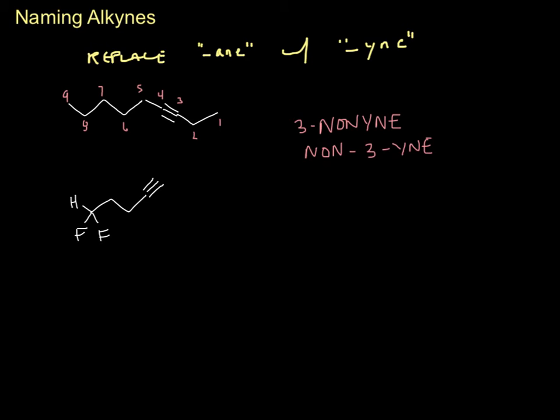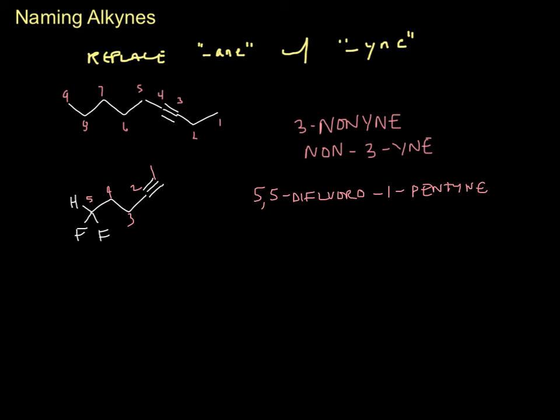So this would be 1, 2, 3, 4, 5. Alright, and therefore the name of this guy would be 5,5-difluoro-1-pentyne. Or, of course, you could say pent-1-yne in there.